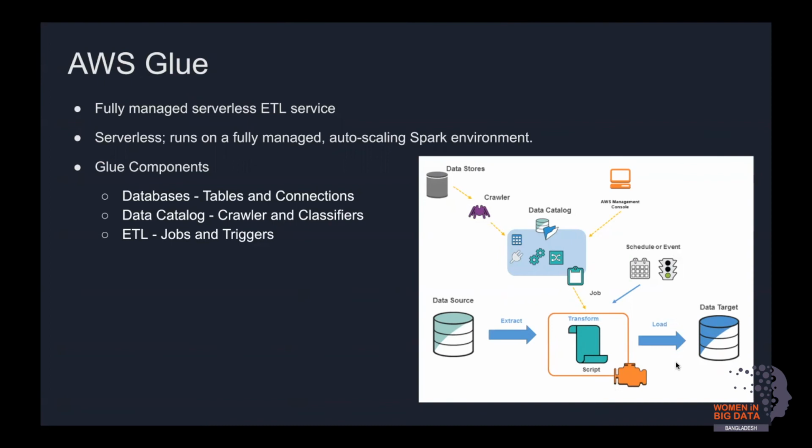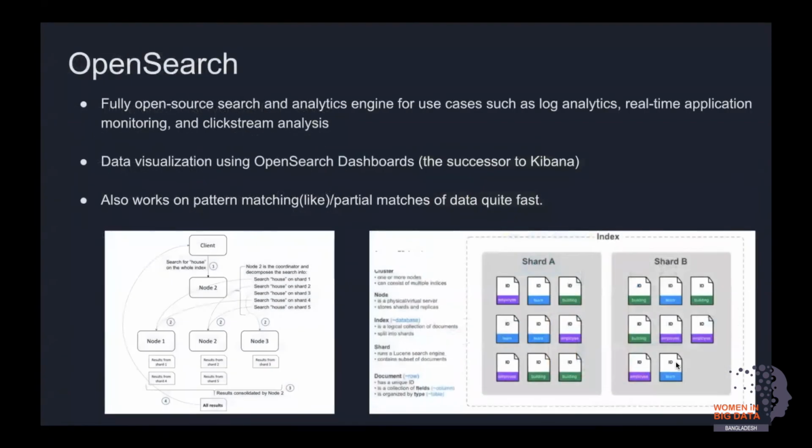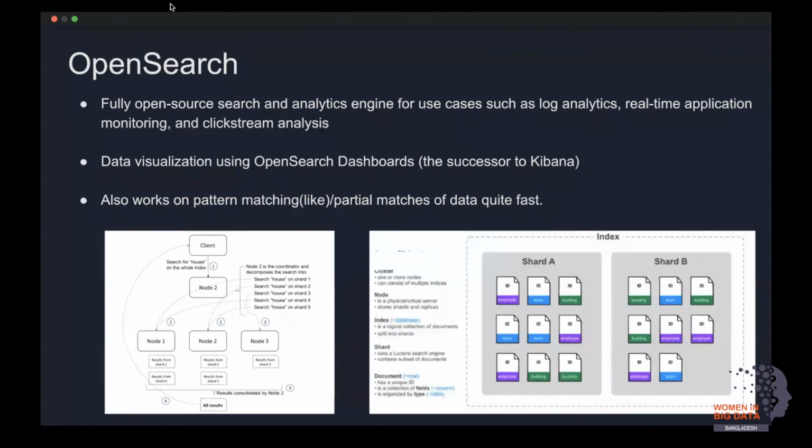So that's about Glue. And the last thing is OpenSearch. Technically, you can think of it like what we saw in ElastiCache, but the difference is ElastiCache is more like a caching solution, whereas OpenSearch is a successor of Elasticsearch.